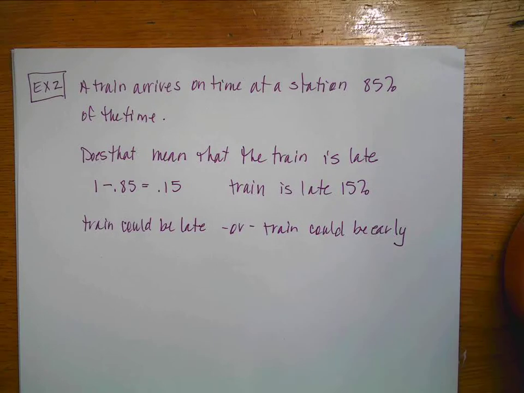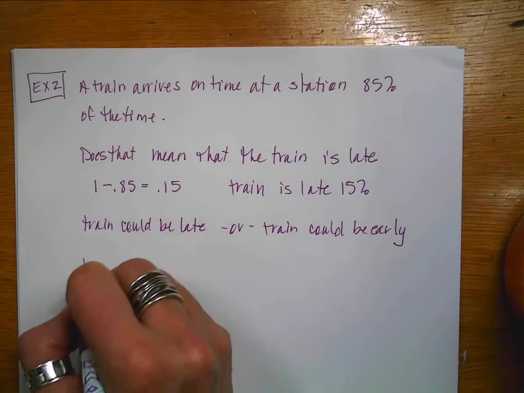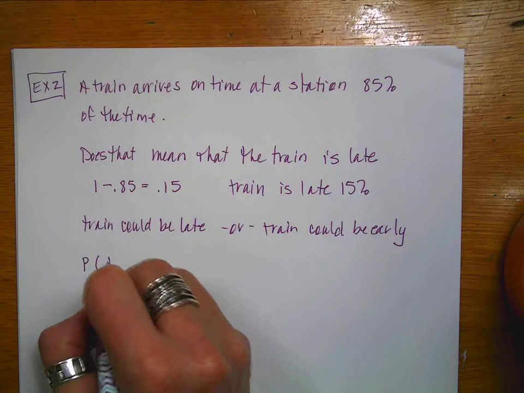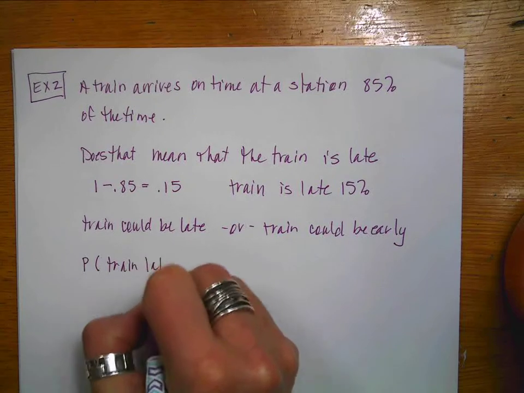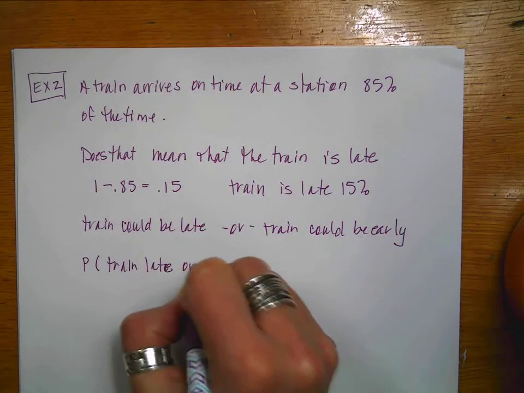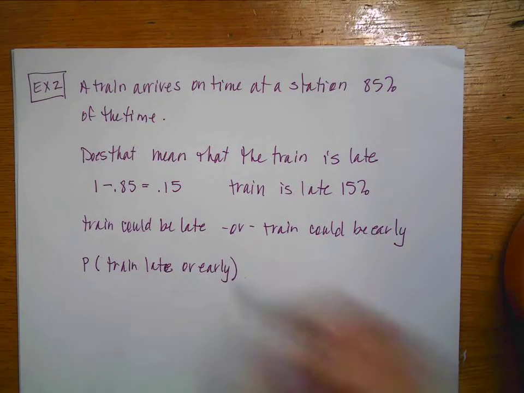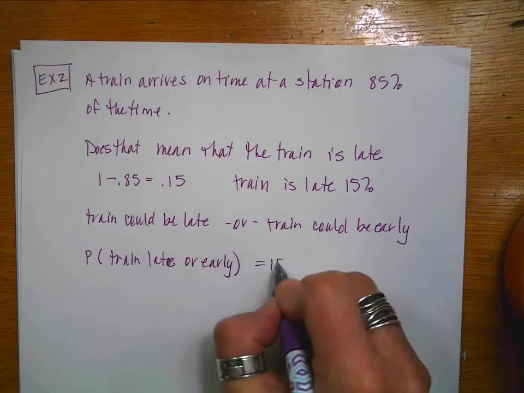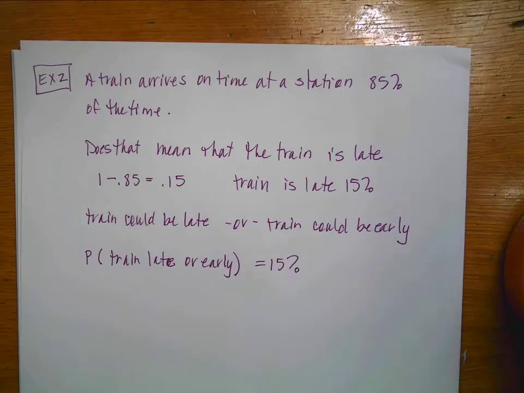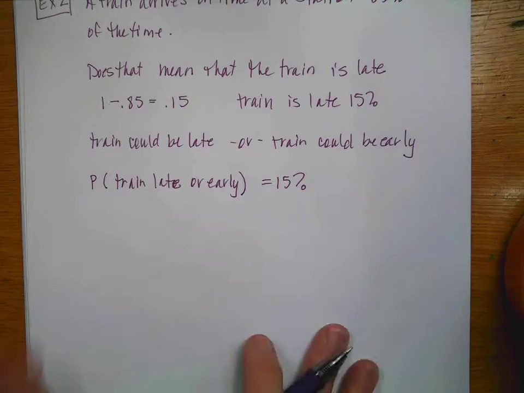So we can't make the assumption that if the train is on time 85% of the time, then the probability that the train is late or early, we have to make sure that we include both, is going to be 15%. Okay, so you can't make assumptions when you're talking about probabilities.